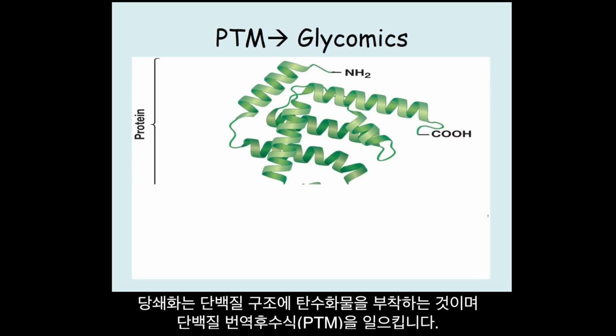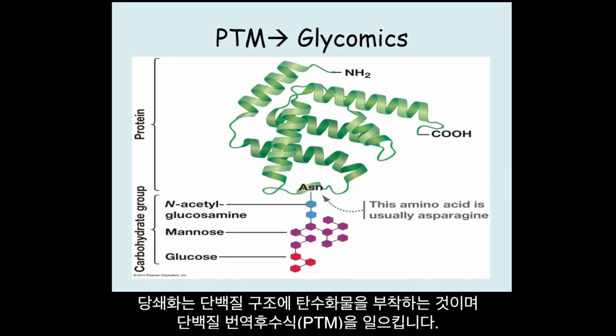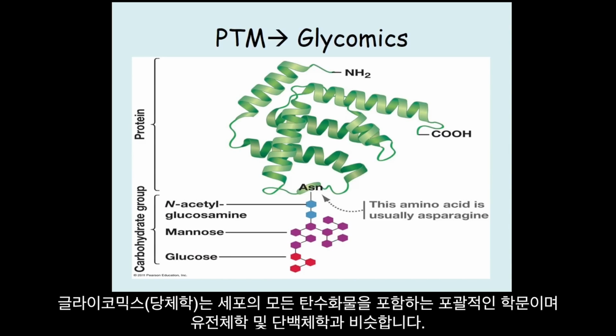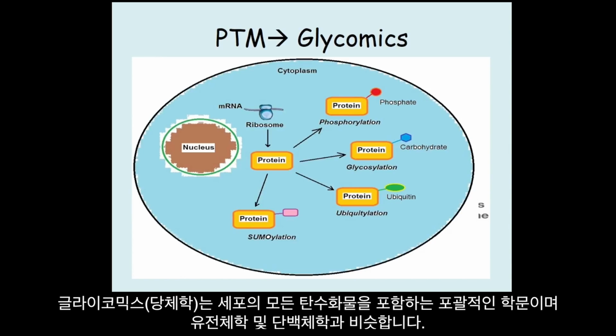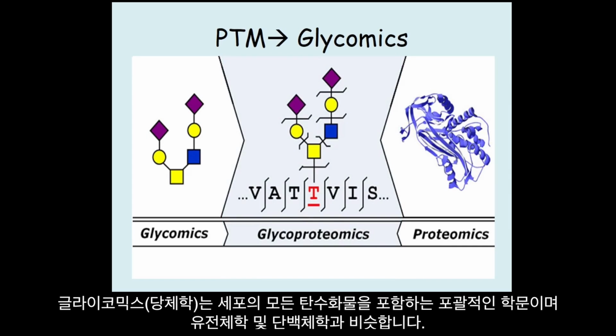Glycosylation causes the post-translational modification through the addition of carbohydrates on the protein structure. Glycomics is the comprehensive study of glycomes, which involve the entire carbohydrates in the cell. Glycomics is the analog to genomics and proteomics, which is the systematic study of all glycan structure of a given cell type or organism.